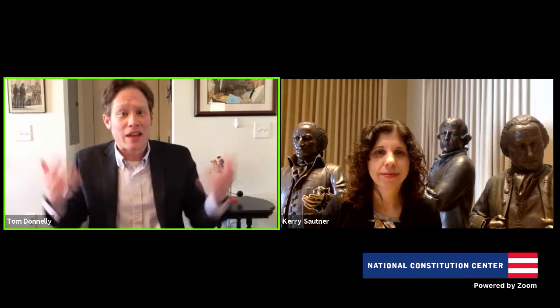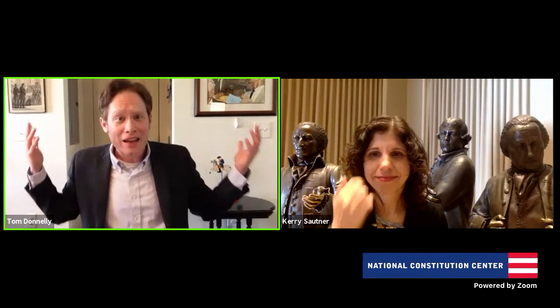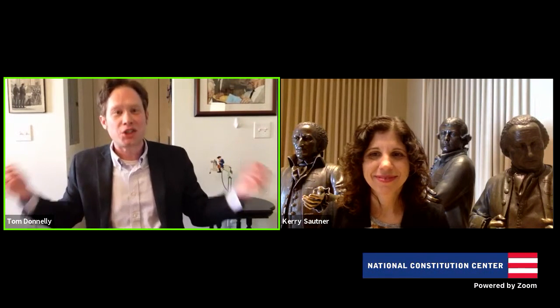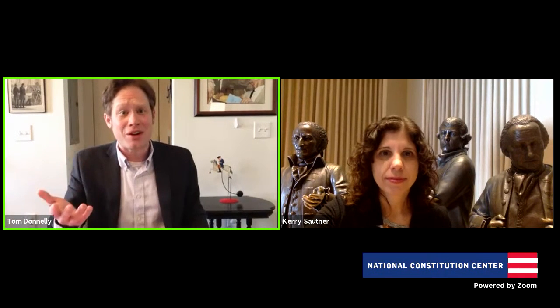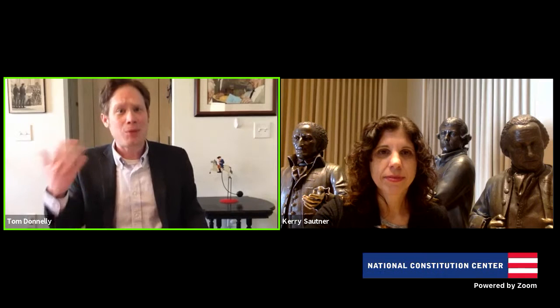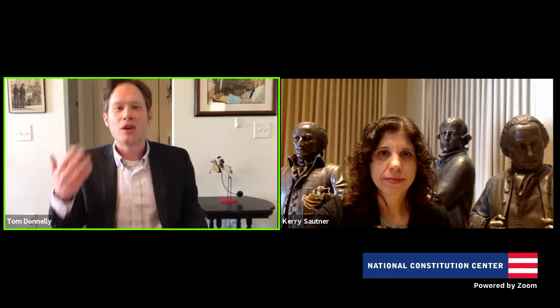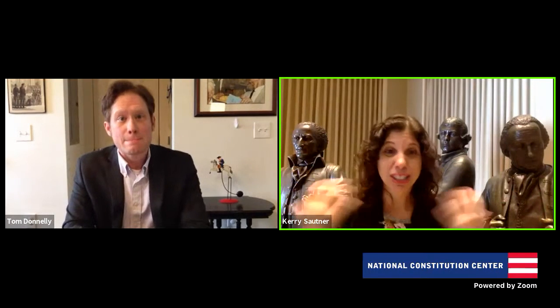Now, that's not to say that they love the Articles. These are people who engaged deeply in these debates at the convention and wanted something better than the Articles of Confederation, but they were willing to stand up to their friends and colleagues, people they debated with for months, and say, no, we need a Bill of Rights. And debate and saying this isn't right and we need to push boundaries is a healthy thing for democracy. Debate and discussion, which is what they did.